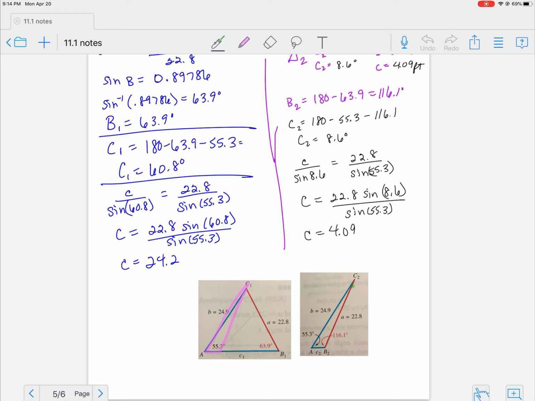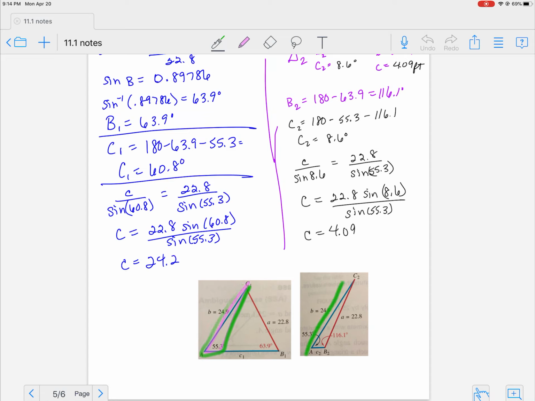You can also have a side of 22.8 that comes down in here and makes a nice big angle. Whether I have this angle here or this angle, those are going to be supplements of each other. All right? Okay. And that's what it looks like.